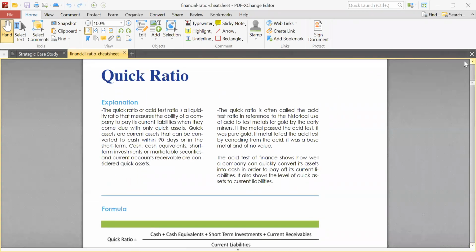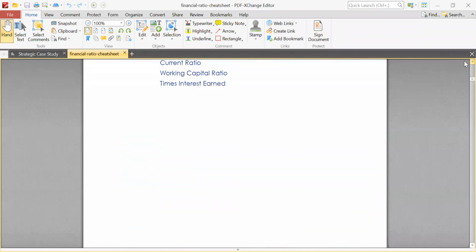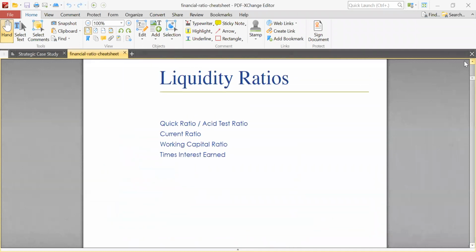So let's start with the liquidity ratio. Liquidity ratios basically test liquidity, meaning how much cash you have on hand or have access to. Does this business have a lot of cash?